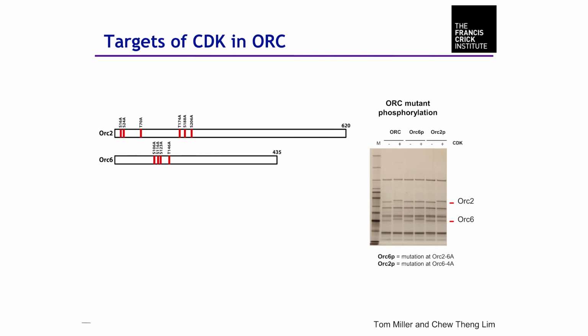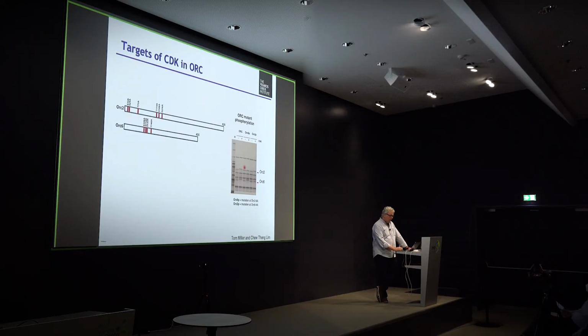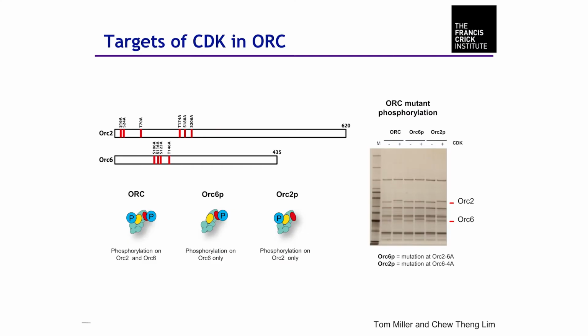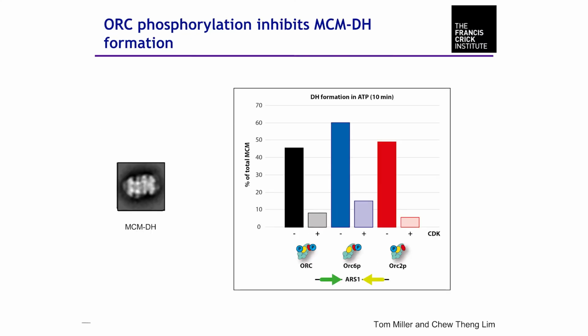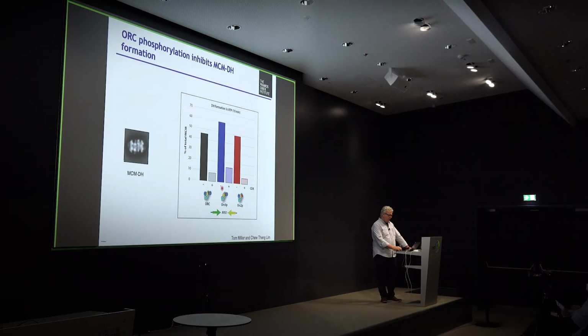I'll just show here, you can see, for example, ORC2 gets shifted when you phosphorylate it, but in the ORC2 mutant, you don't see that shift, and similar for ORC6. We can now start to ask, what is it that phosphorylation blocks in MCM loading? As you can see here, whether we phosphorylate the entire ORC complex, just ORC6, or just ORC2, we pretty much block double hexamer formation.